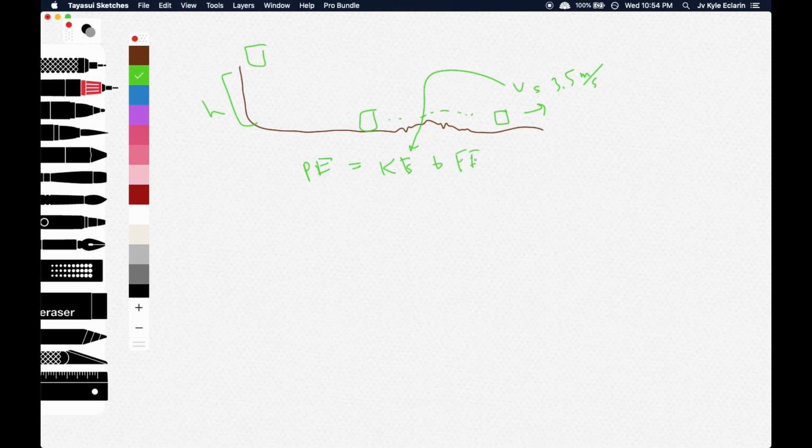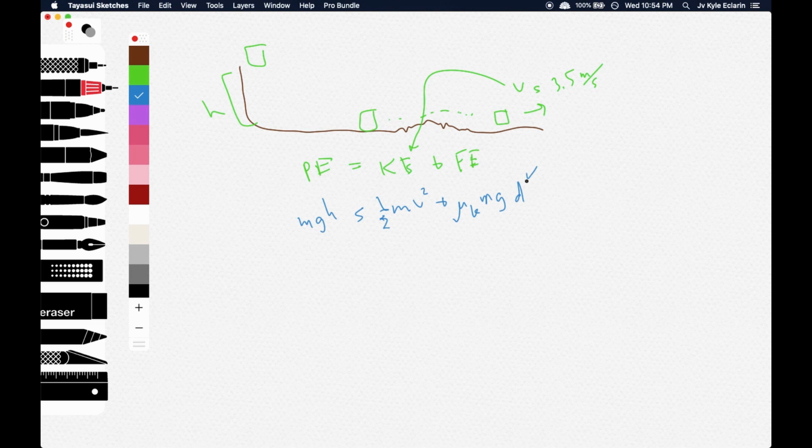Let's write this down with proper symbols. Potential energy is equal to mgh, kinetic energy is equal to 1/2 mv squared, plus the frictional energy, which is equal to mu k times the normal force, mg, times the distance, d.